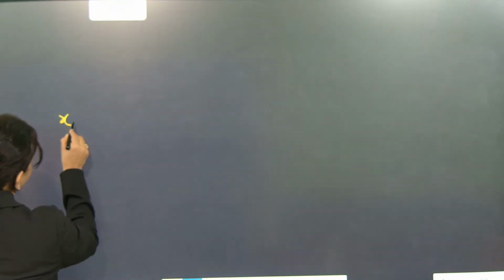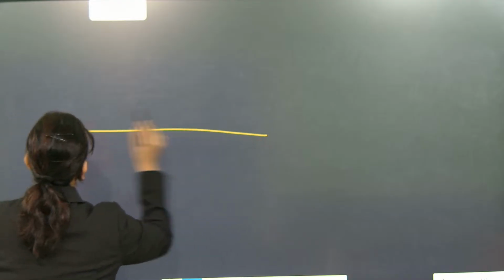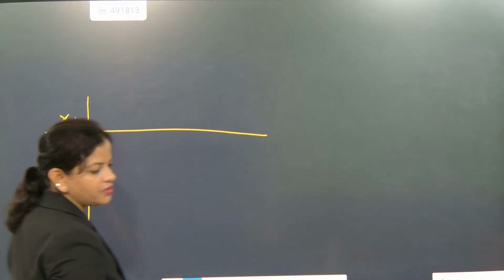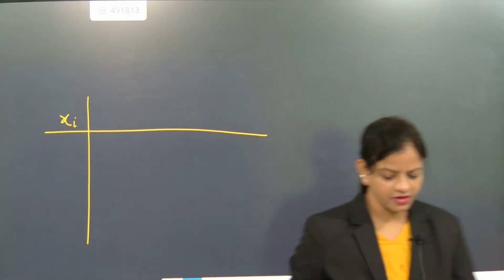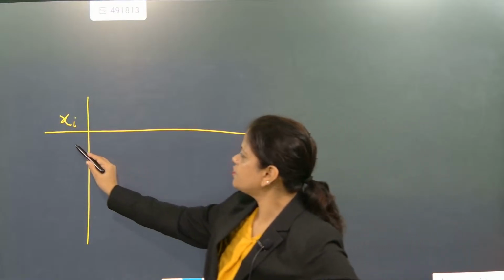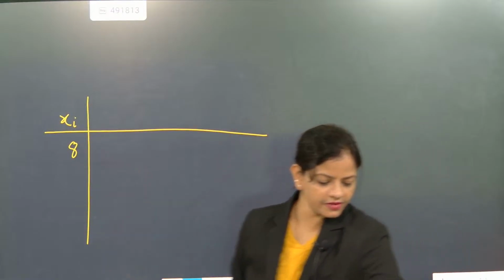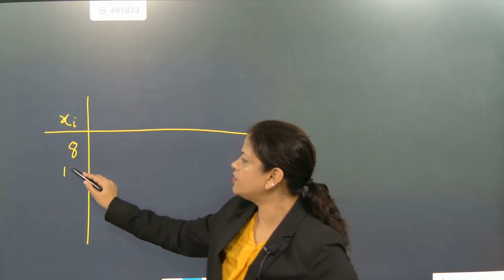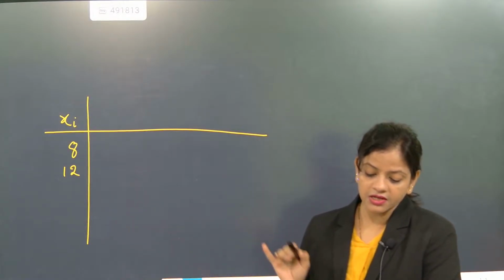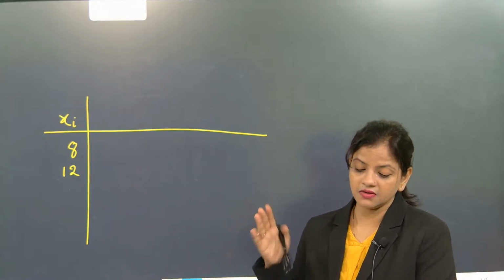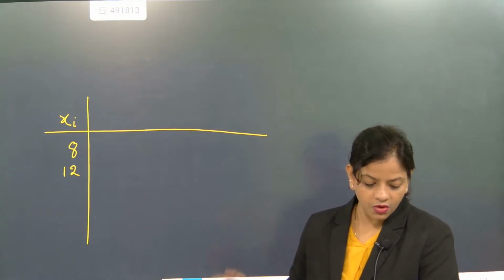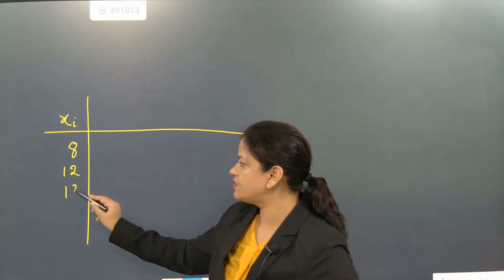So the first work is we have to find x. So first xi, one observation I'm giving, and based on that observation we will find. So first is 8 given, second is 12. So for ungrouped data we are taking distinct observations. What is the meaning of distinct observation, beta?